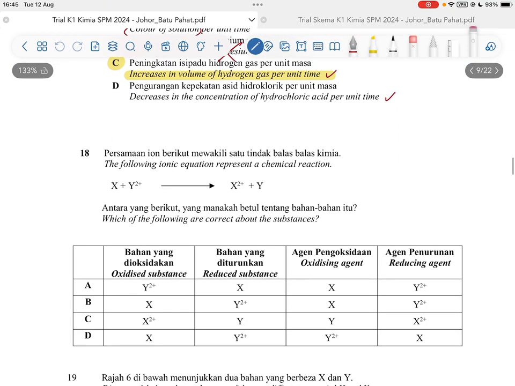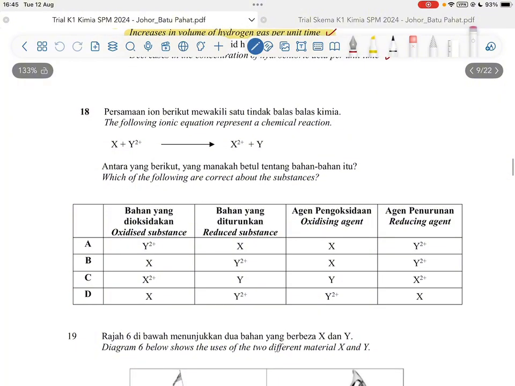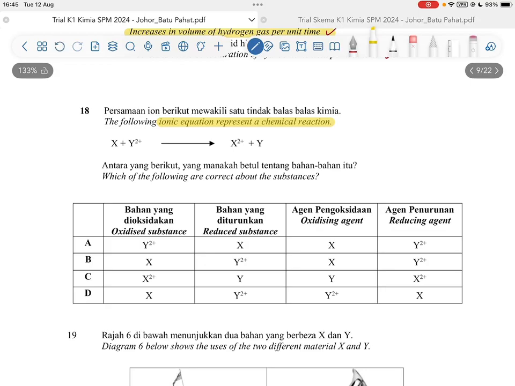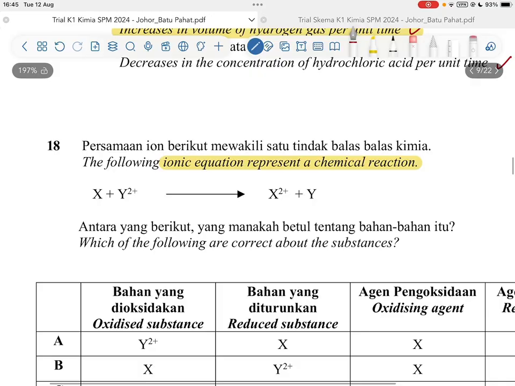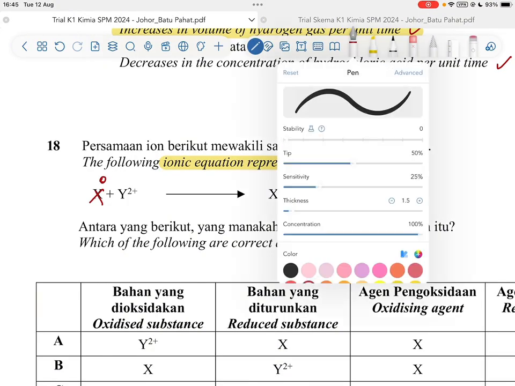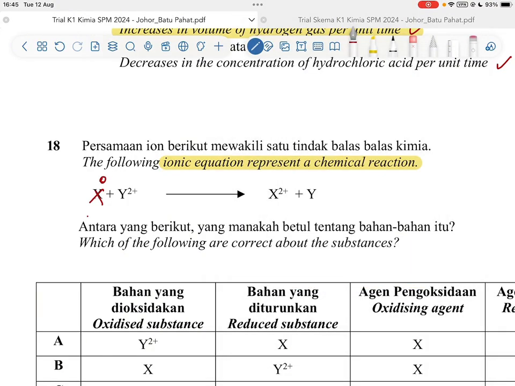So question 18. The following ionic equation represents a chemical reaction. We can see that X plus Y2 positive will form X2 positive plus Y. For X, the oxidation number is 0, because it is only an X, so it is an element.